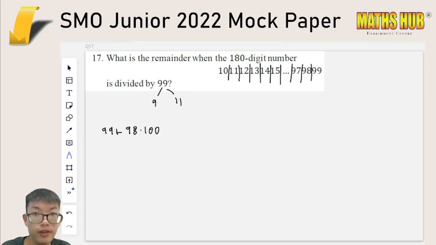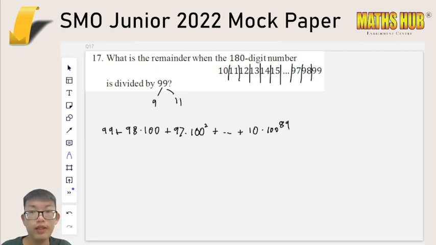That's 9800, plus 97 times 100 squared, that's 97,000, and this continues all the way until 10 times 100 to the power of 89, right?